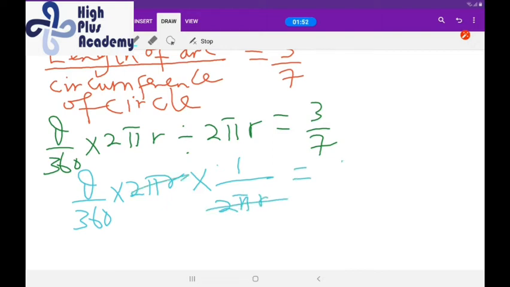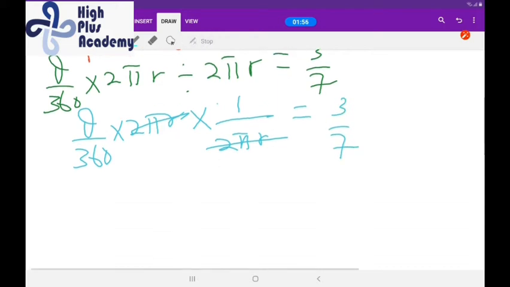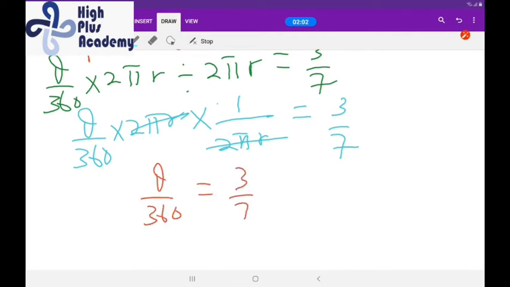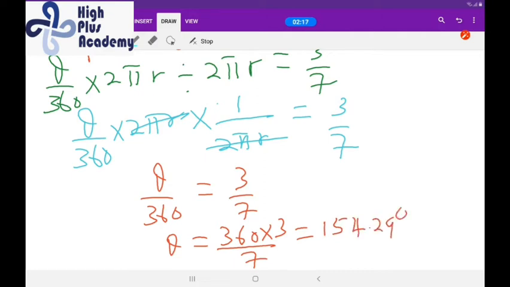So we have 3/7. So what do we have in return? We have theta over 360 equals 3/7, such that theta will now be 360 times 3, everything over 7. If you do this very well, you're going to be getting 154.29. So we have gotten the angle to be that.